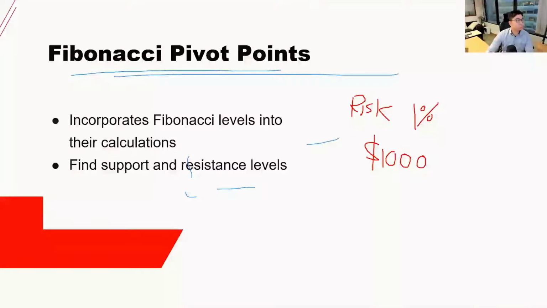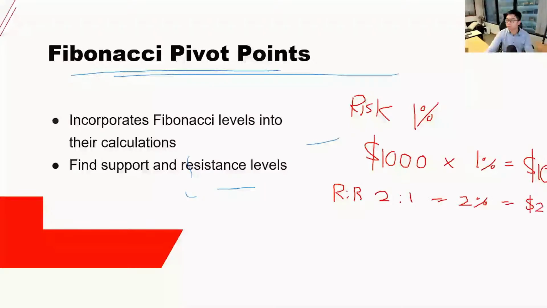Per trade, I only risk 1%, which is 1,000 times 1%. So every time I lose, let's say I hit my stop loss, I only lose $10. But if I have a risk to reward of 2 to 1, I'll get 2%, which equals $20 profit.